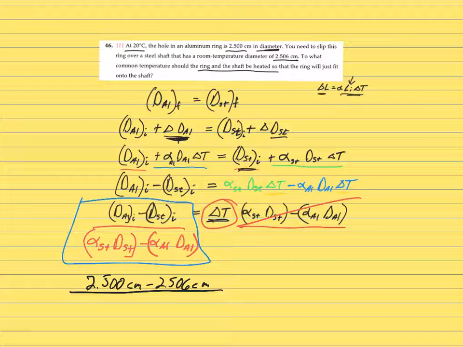Coefficient of these things over here is 12 e to the negative 6. Yes, I used the e. Would you just lay off? It's like last year all over again. 2.506 centimeters is going to be my diameter.